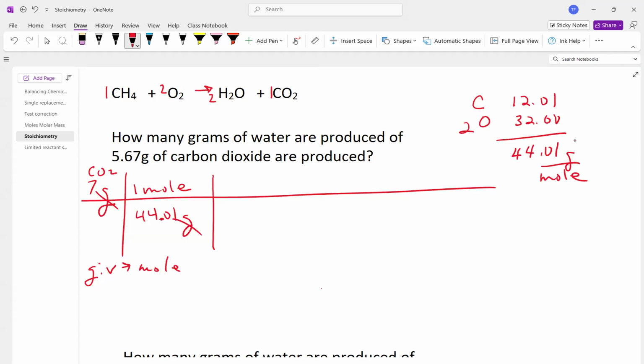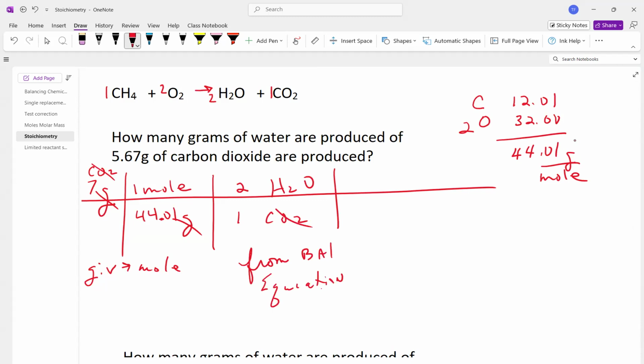That's a ratio from the balanced equation. So carbon dioxide coefficient is 1. Water is 2. And that's from the balanced equation. Notice carbon dioxide cancels. Okay, now we have moles of water. We need grams of water.